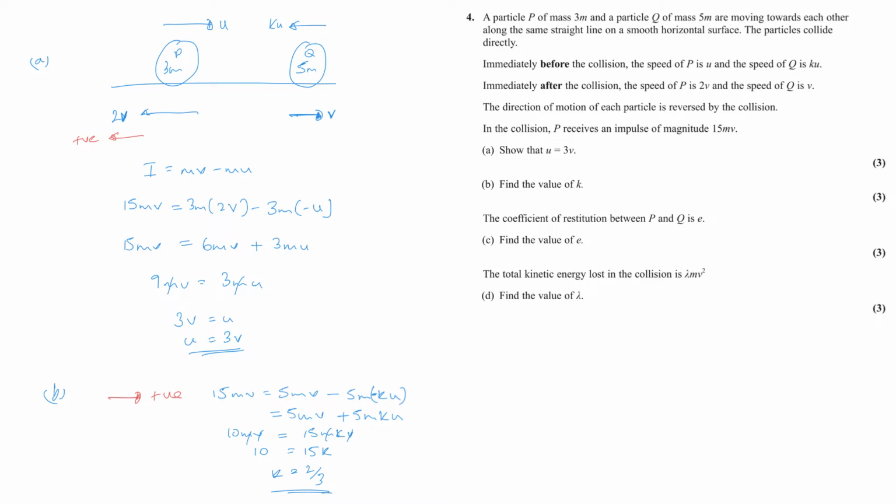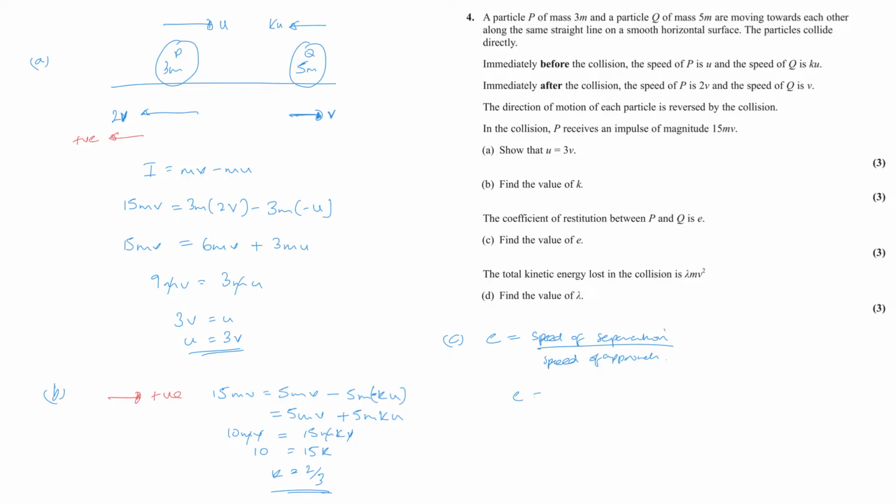Now for part C, we're looking at finding e, and e is the speed of separation over the speed of approach.